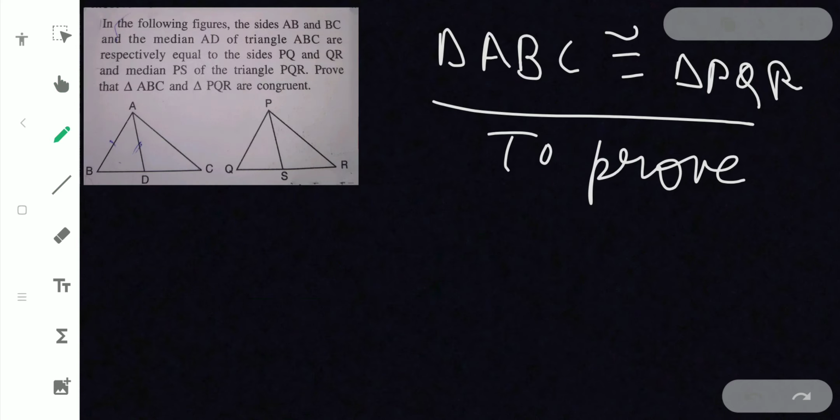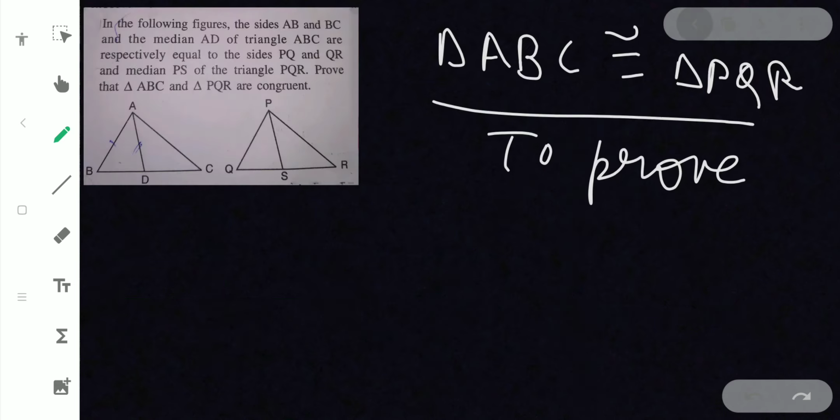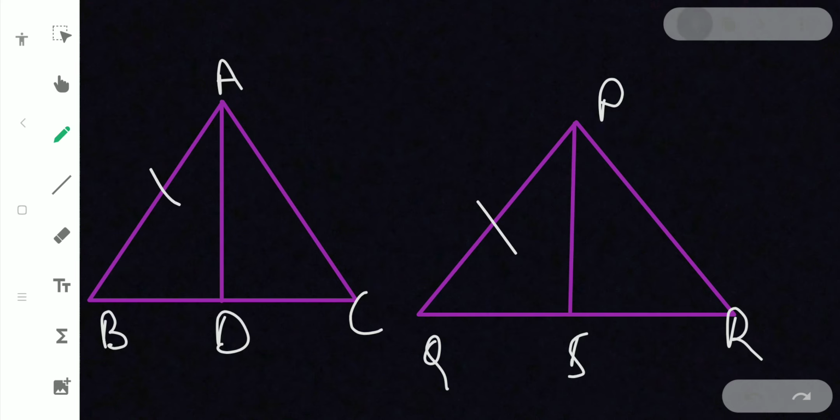This is A, this is B, D and C, and this is P, Q, S, R. Now we have to prove triangle ABC is congruent to triangle PQR. Here it is given AB is equal to PQ.